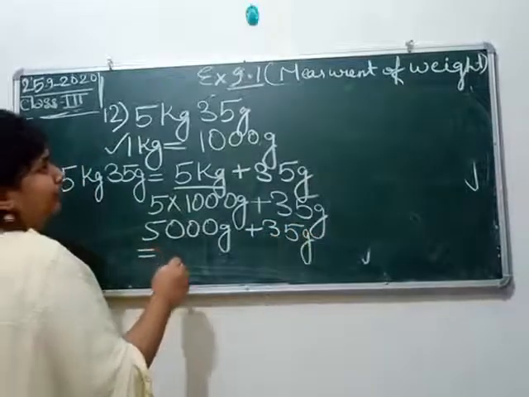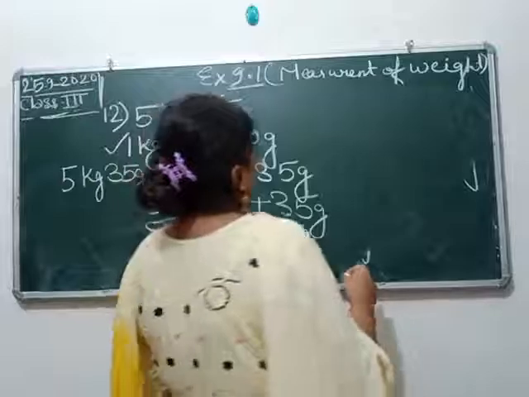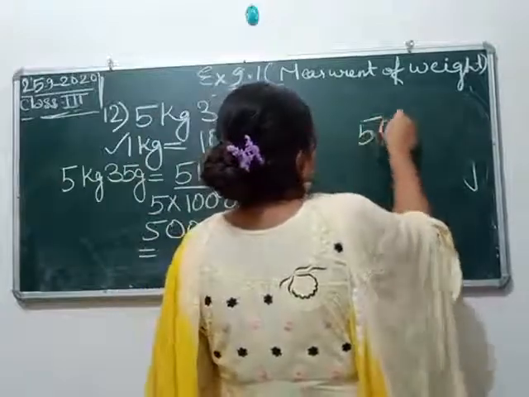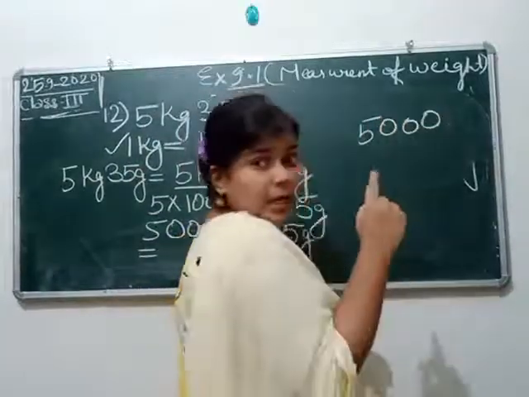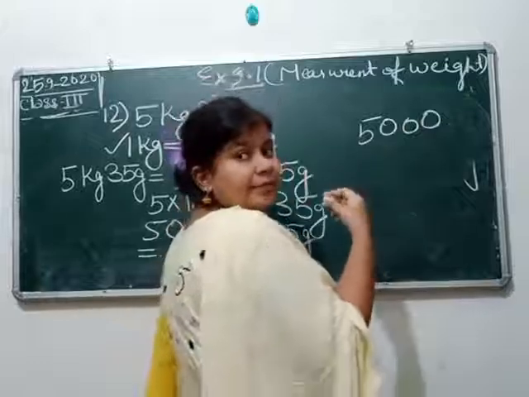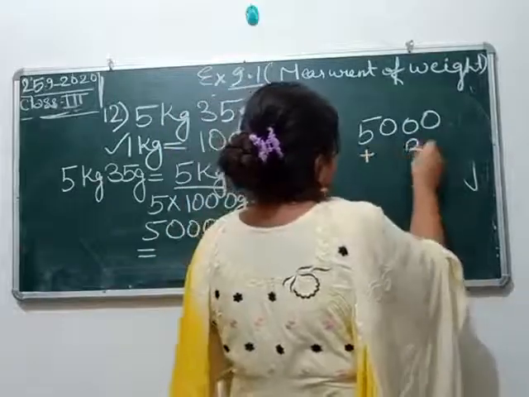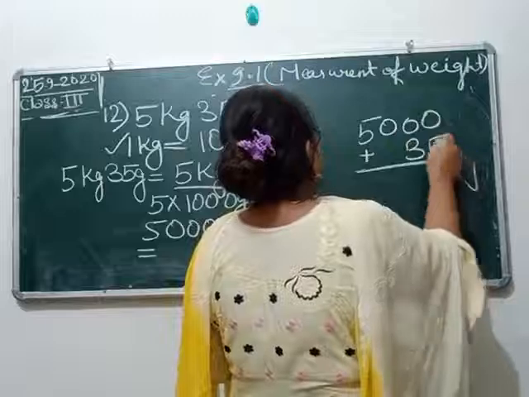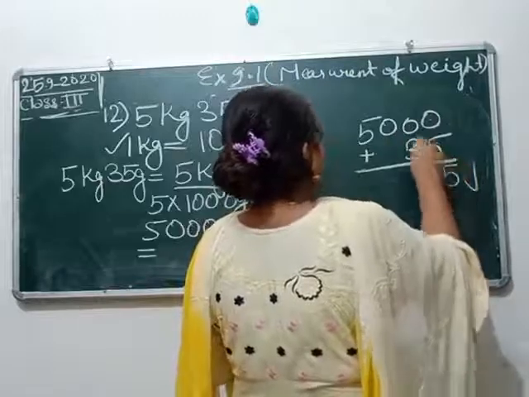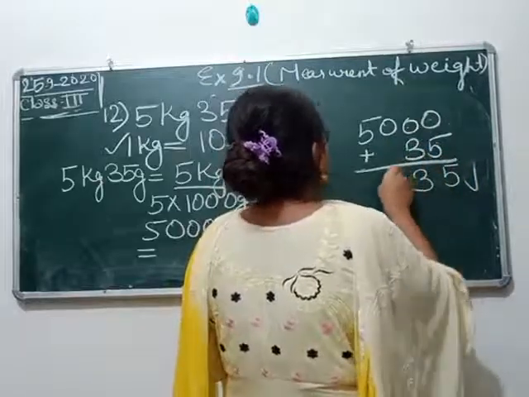So together you will get 5000 plus 35. 5 plus 0, 5. 3 plus 0, 3. 0 and 5.